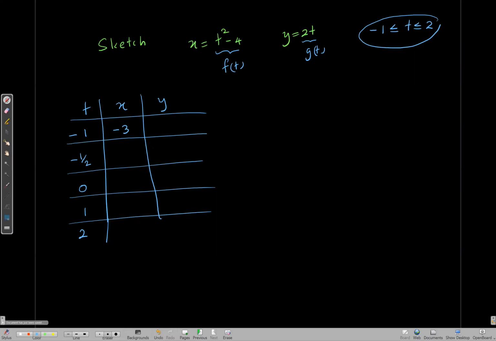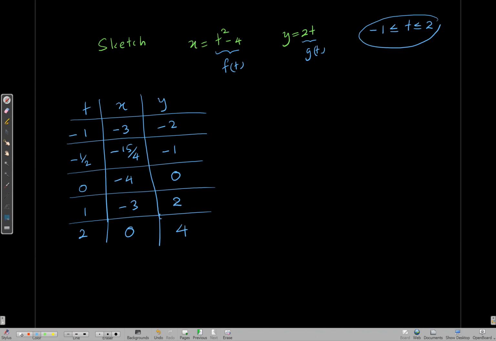And for -1/2, -1/2 squared, which is 1/4 minus 4, that is -15/4. 0 squared minus 4, -4, and 1/2, again you get the same value as -1/2, and then 1, -3, and then 2 squared, which is 4 minus 4, 0, and y equals 2t. So -2, -1, 0, and then 1, and then 2, and then 4.